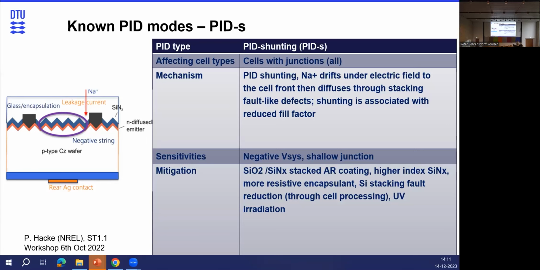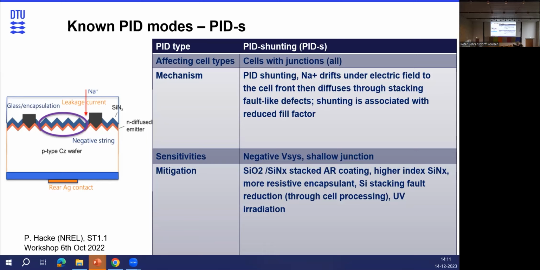For some types of modules, this would cause quite a lot of performance degradation in a span of months and years. It was mostly on the negative side of the string, so that was one of the important acceleration factors.